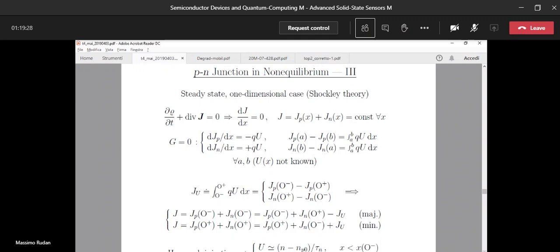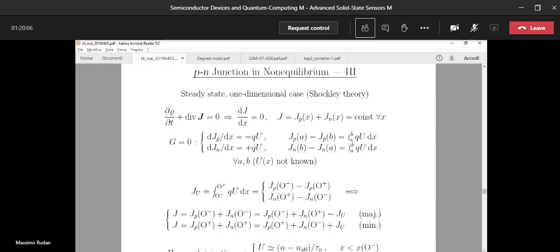On the other hand, you remember the current density in general is the sum of the current density due to the holes, Jp, plus the current density due to the electrons, Jn. And individually, Jp and Jn depend on position. However, the sum does not. So Jp is a function of x, Jn is a function of x, but the sum of these two functions is a constant. This constant is not known for the moment.